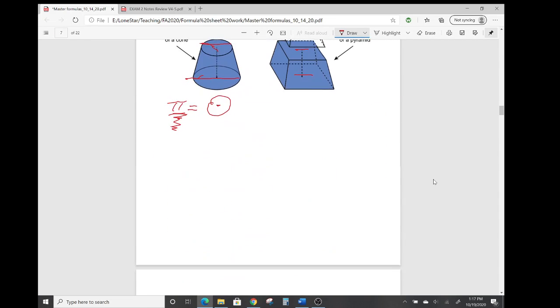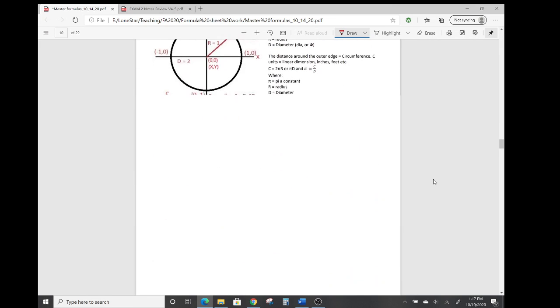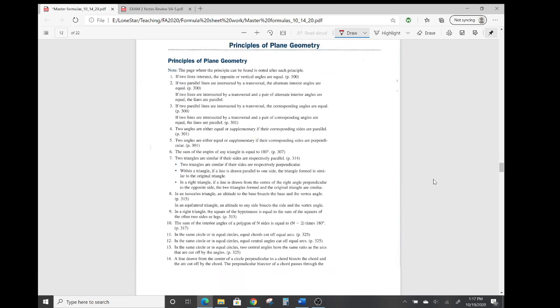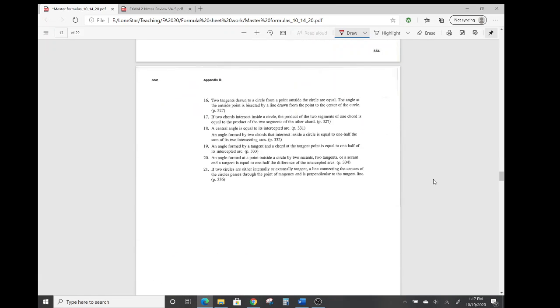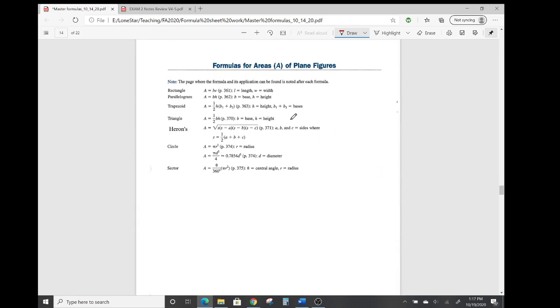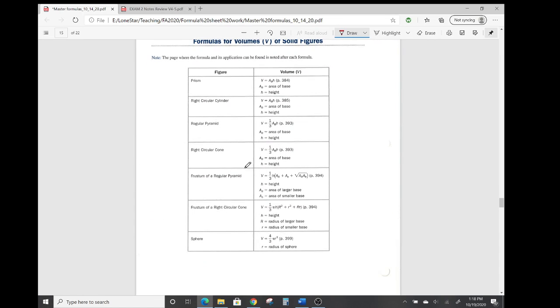There's your frustrum. So let's get past the triangles, the circle. Here's your principles of plane geometry, the rules of the road for geometry. Here are your formulas for areas; we will talk about those later. Here are your formulas for volumes.